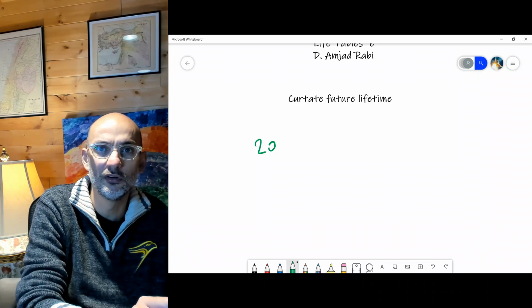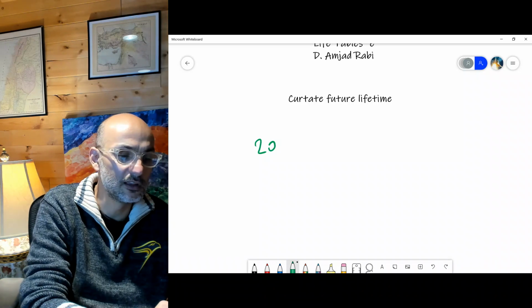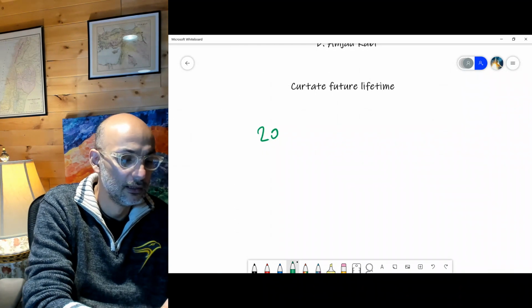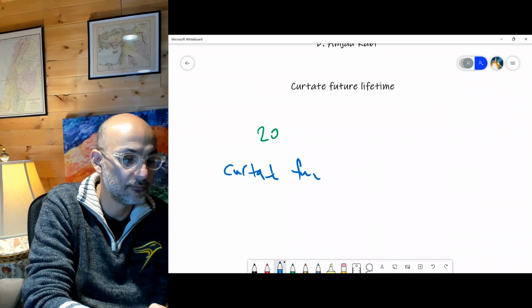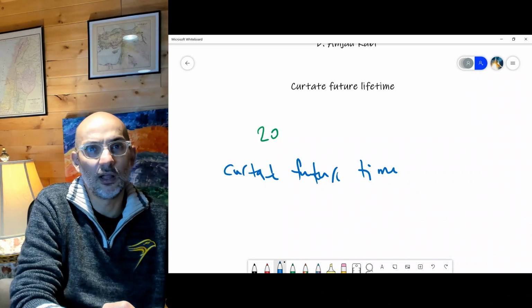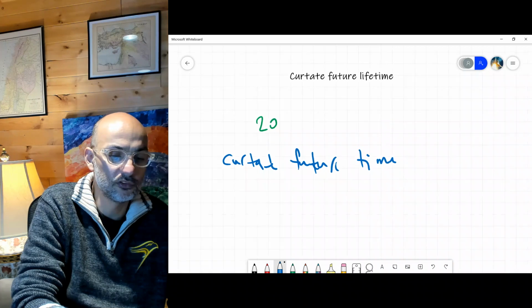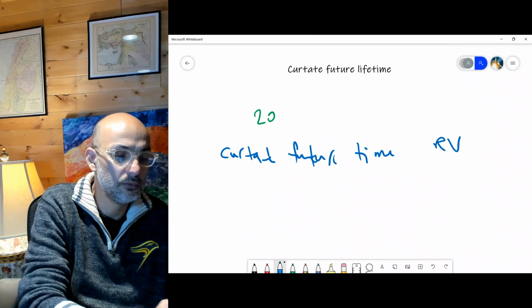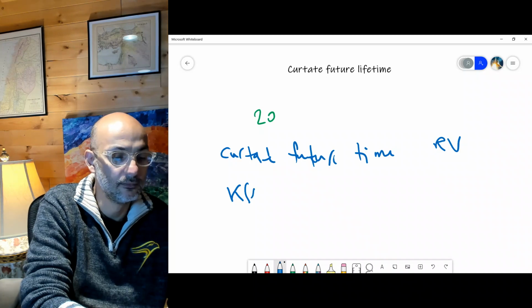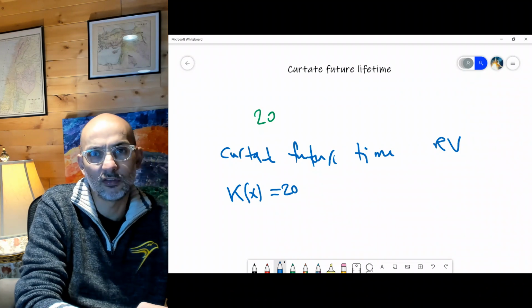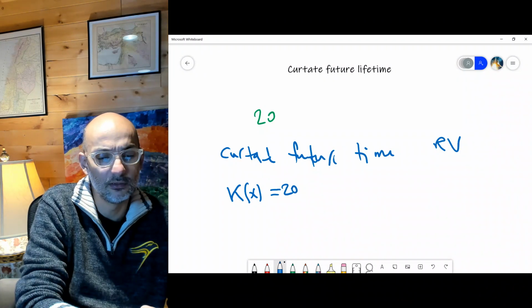This is the whole idea. We need to look at a function, the curtate future lifetime function. If you look at the curtate future time random variable, we will use big K of x. If you answer I'm 20 years old, it could mean 20, 21, 22, 23.